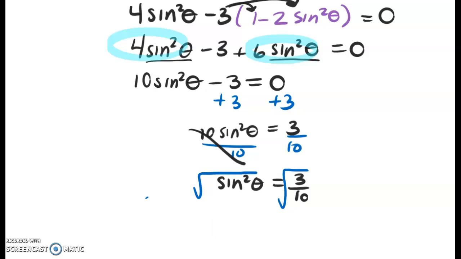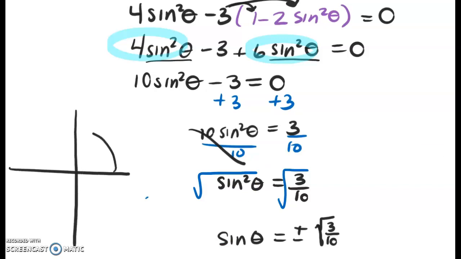I'll get sine of theta is equal to plus or minus the square root of 3/10. So now we need to generate all the angles between 0 and 360 that give the sine of theta a trig function value of square root 3 over 10.